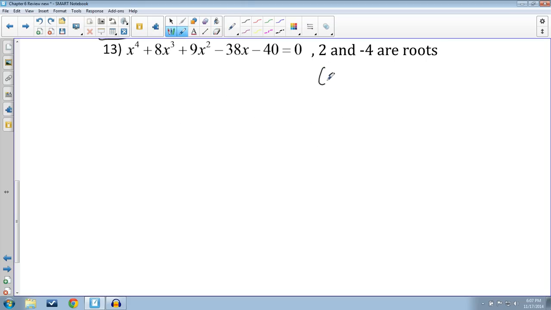This is x minus 2, by the way, this factor. And this one's x plus 4. Why divide it by them individually when I could combine them as one mega, super quadratic factor here? If 2 and negative 4 are roots, then you can divide this by x squared plus 2x minus 8. Now, as I'm saying that, I have a grin on my face.